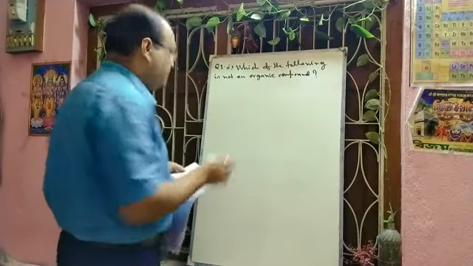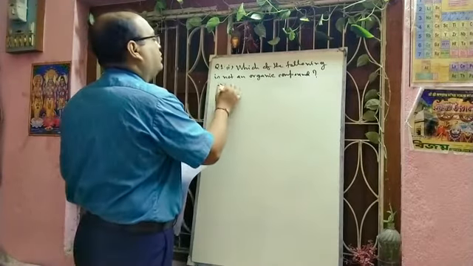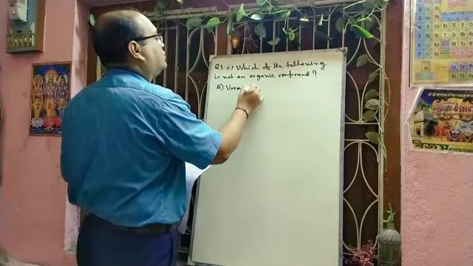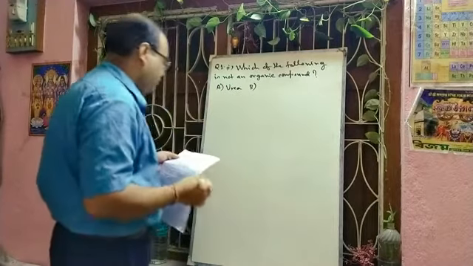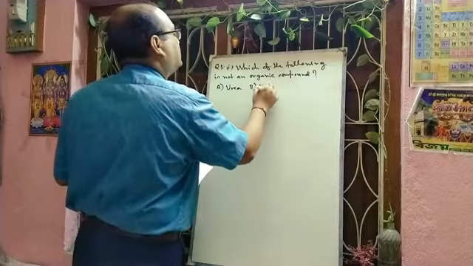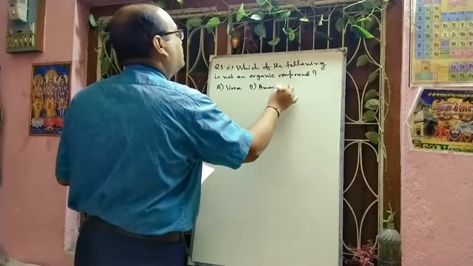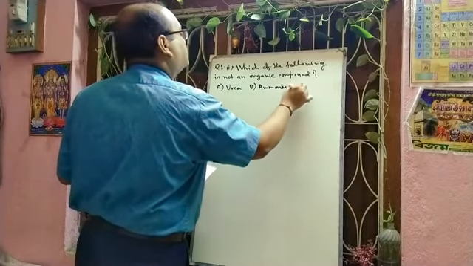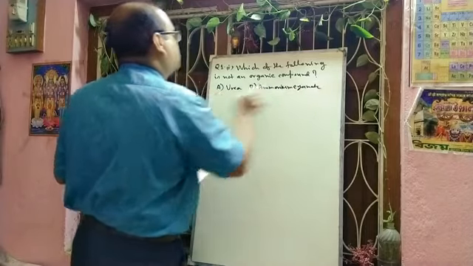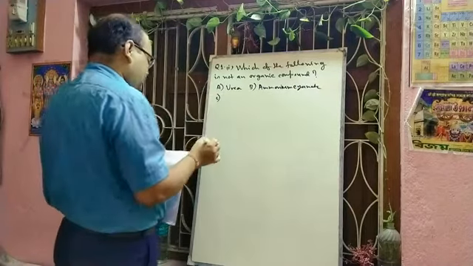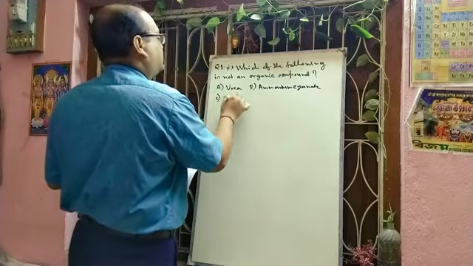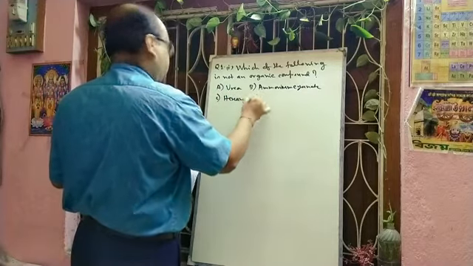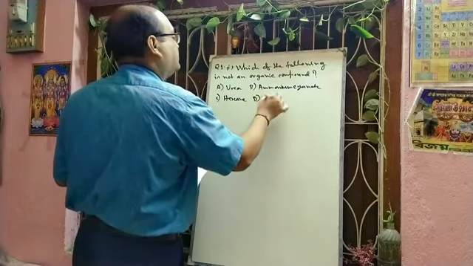Options are given: A. Urea. Option B is ammonium cyanide. Option C is hexane. Option D is spirit.